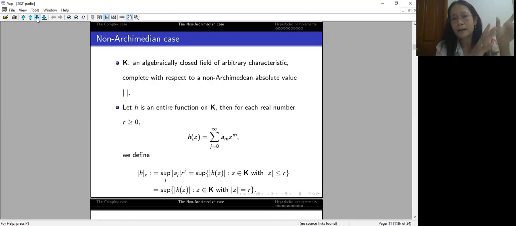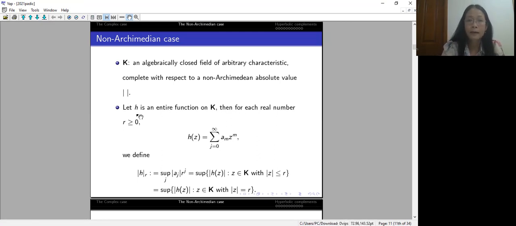So for Nevanlinna theory, if we have something in the complex case, we will expect something in the p-adic case. So what will happen in the p-adic case? I will introduce it to you. Here we consider K an algebraically closed field of any characteristic, complete with a non-Archimedean absolute value. And A is an entire function expanded like this.